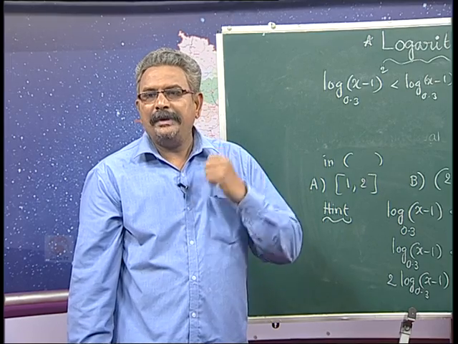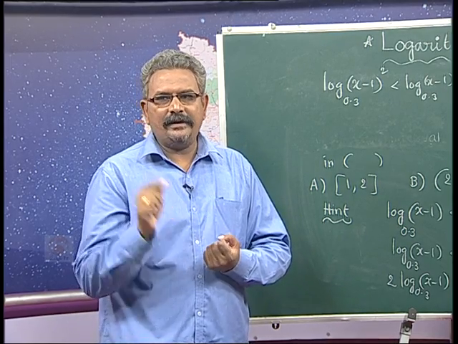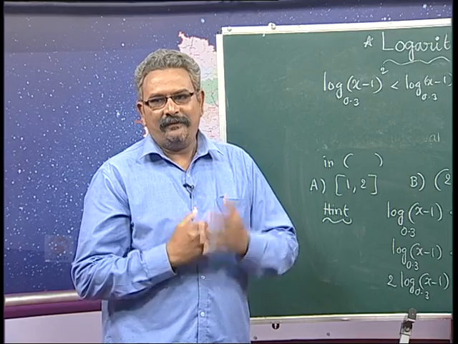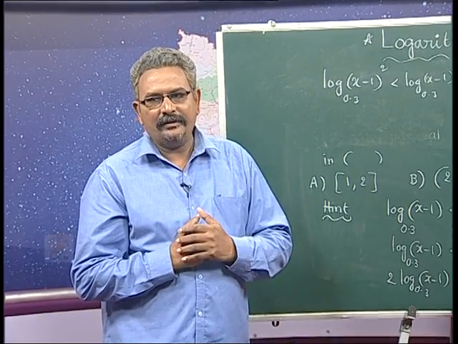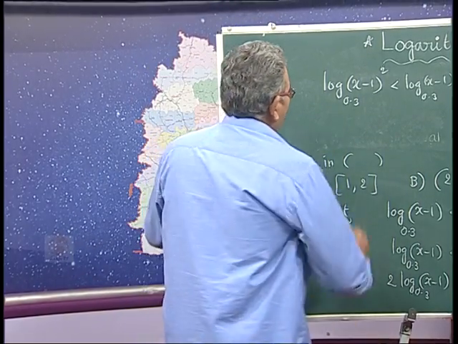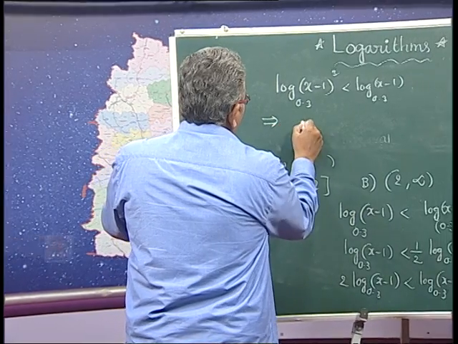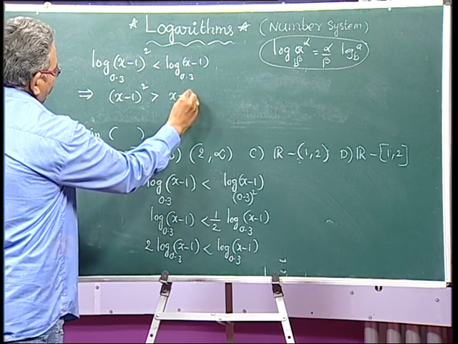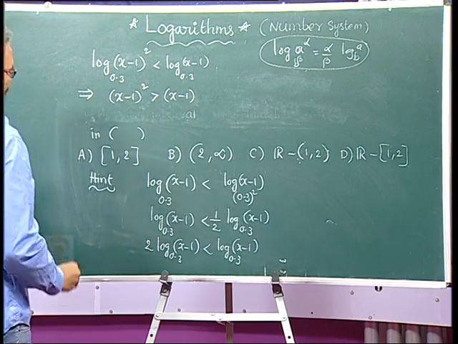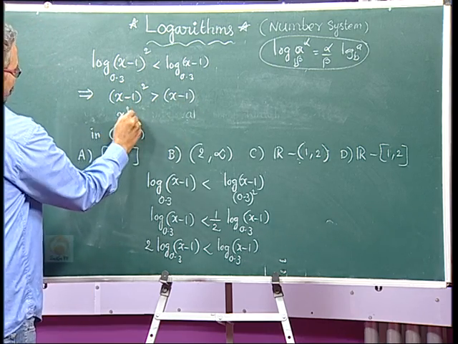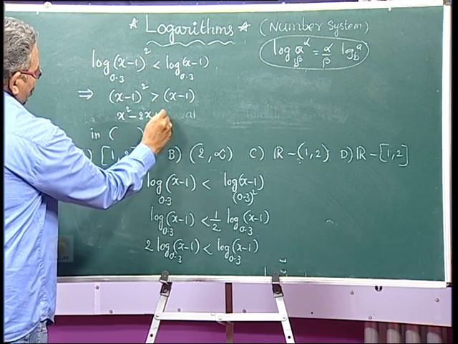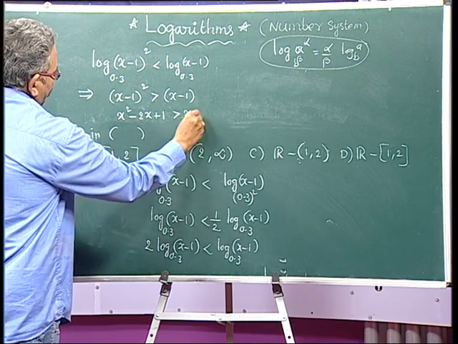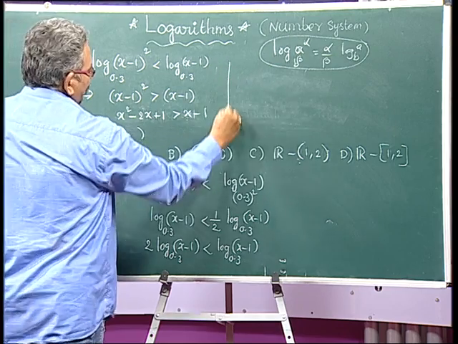Here the base lies between 0 and 1. Whenever it is between 0 and 1, this can be written now as (x minus 1) whole square greater than x minus 1. Just simplify it: x square minus 2x plus 1 greater than x minus 1.